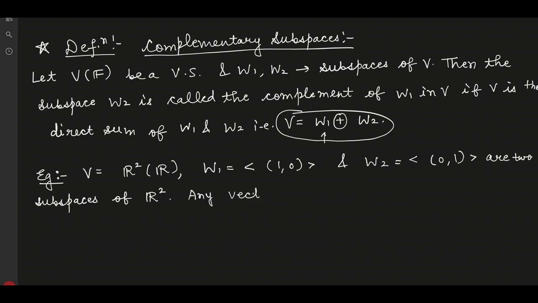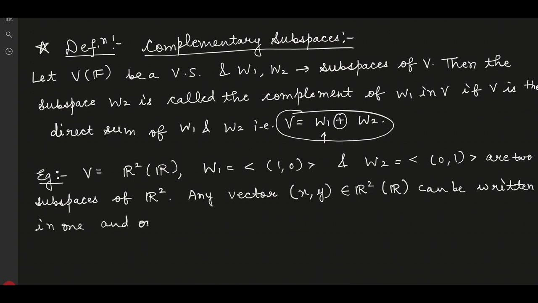Now any vector (x, y) belonging to R square over R can be written in one and only one way as (x, y) equals (x, 0) plus (0, y).